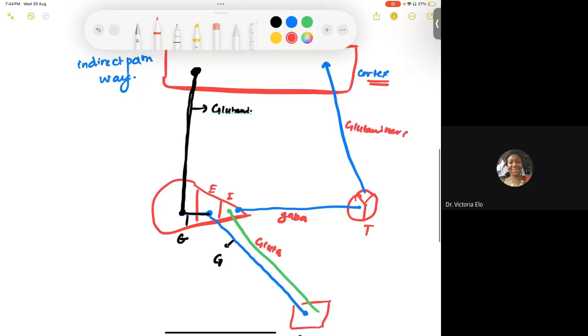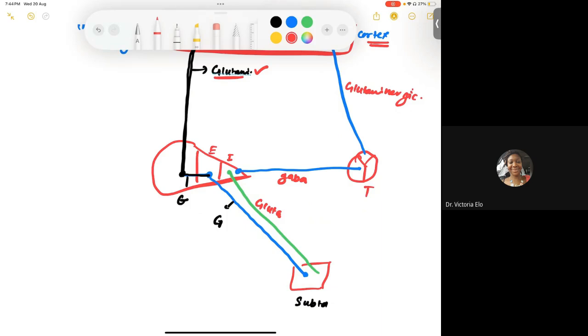Is it clear? So glutamate release, GABA release, again glutamate release, GABA release, and glutamate release.